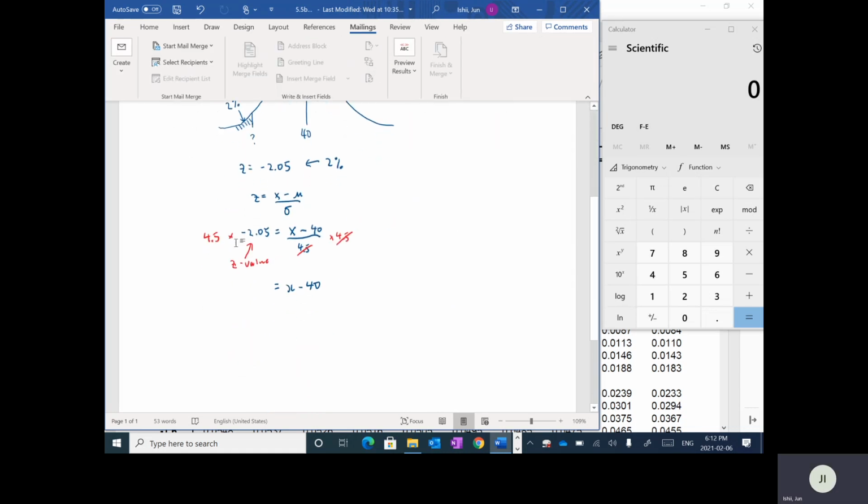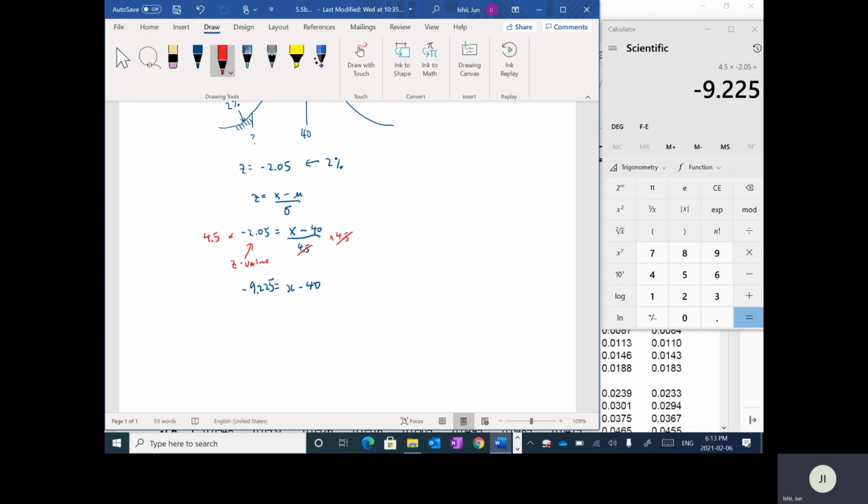All right, so I'm going to punch in 4.5 times negative 2.05, and that's equal to negative 9.225.